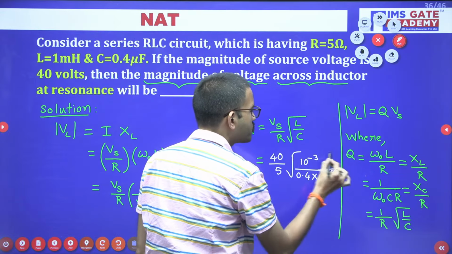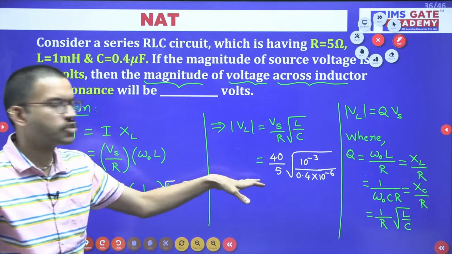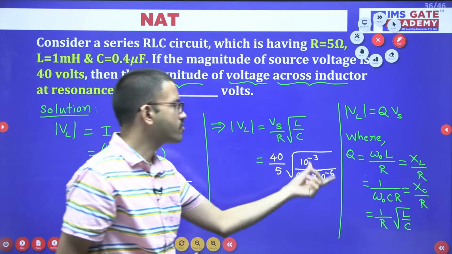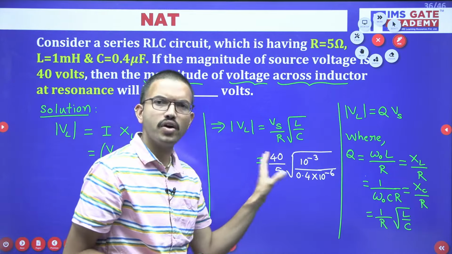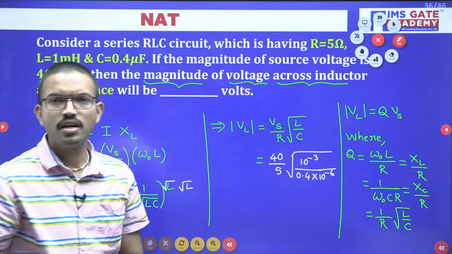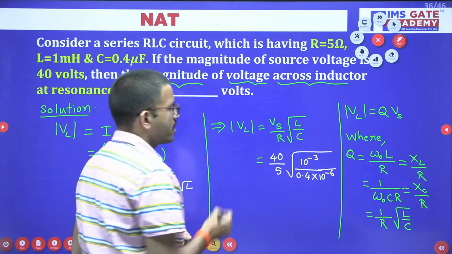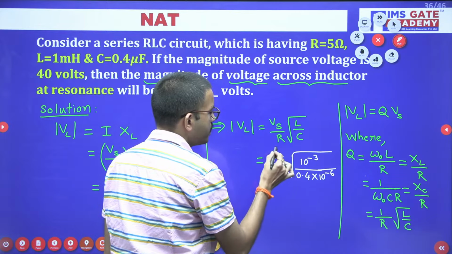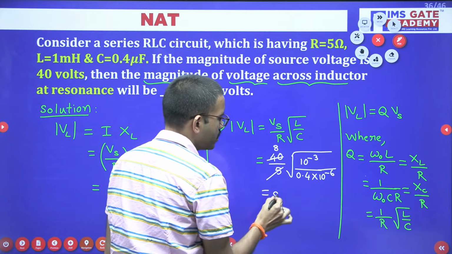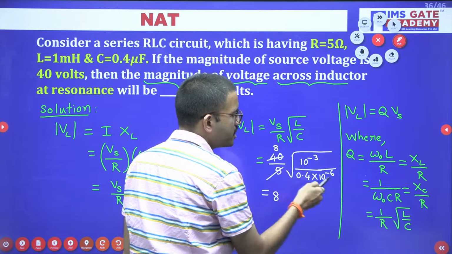This is a direct question, but while solving it, you have to adjust whatever powers you have. You can do the entire calculation without using a calculator. So here 5, 8 times, here 10 power minus 3, 10 power minus 6.